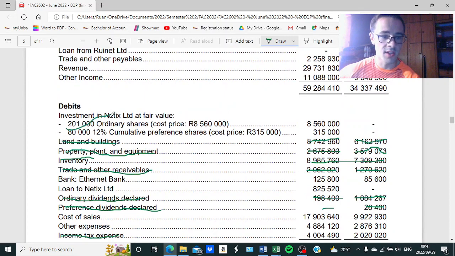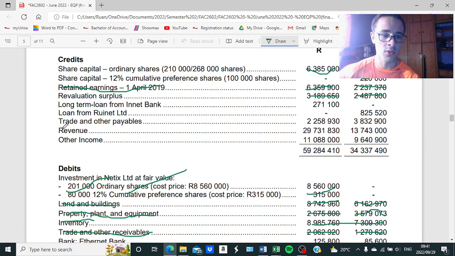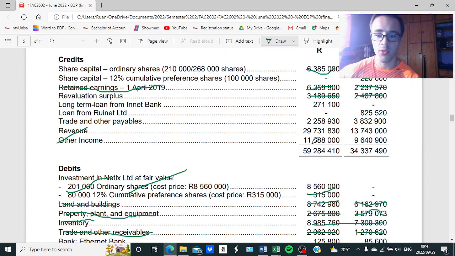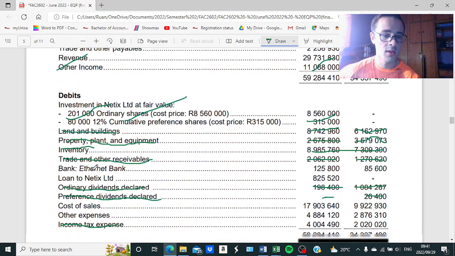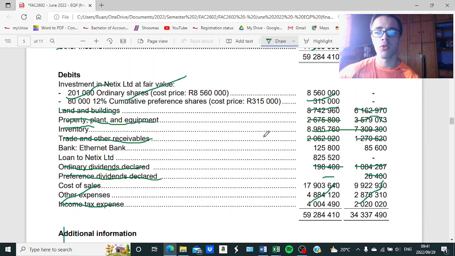We have dealt with inventory, so no need for that. We have eliminated the investment. Sorry guys, I'm just removing the items that we have dealt with already. We have dealt with the other income and revenue. That's fine. We have dealt with cost of sales and other expenses as well, because by crossing out these amounts, we can only focus on the remaining amounts.